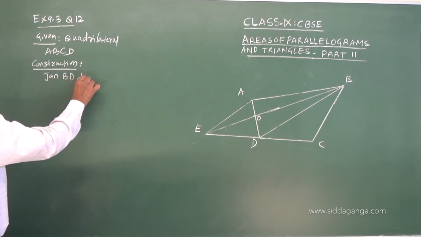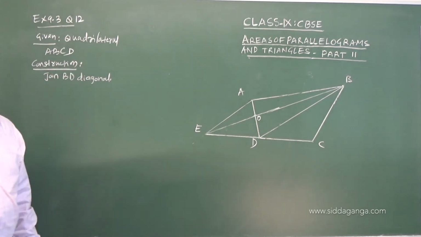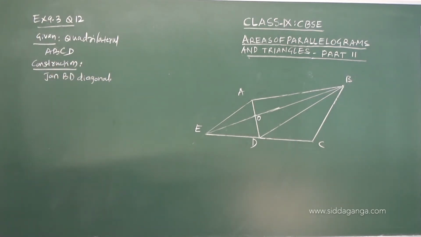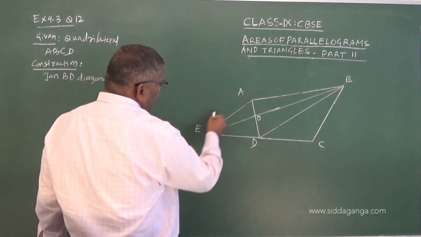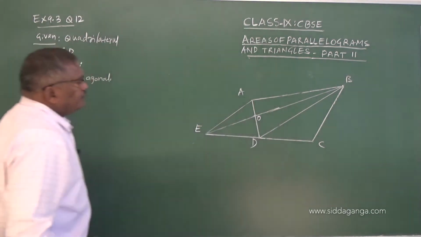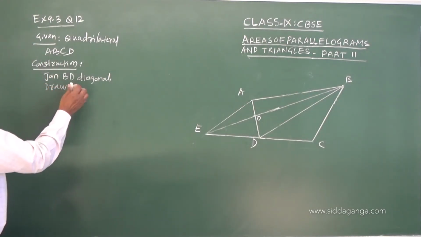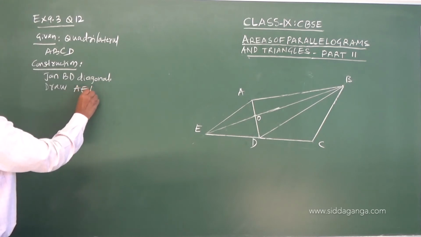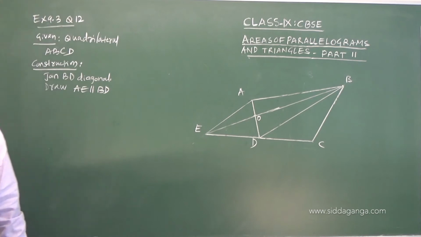Join BD diagonal. Next, what we did, we draw AE parallel to BD. Draw AE parallel to the diagonal BD.